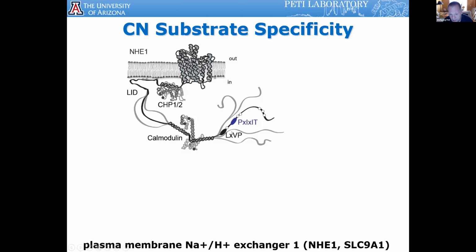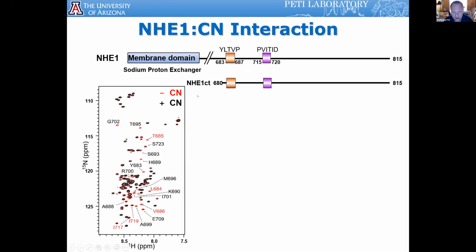And what we identified using our SBSC technology is that we predict here to have a PxIxIT and an LxVP site. And we were focusing on that and seeing what kind of biological functions these domains have. So when we look at these C-terminals, we can do NMR spectroscopy with this very rapidly and very easily.